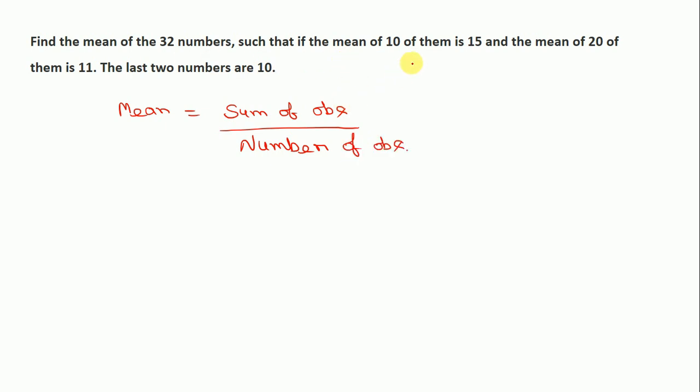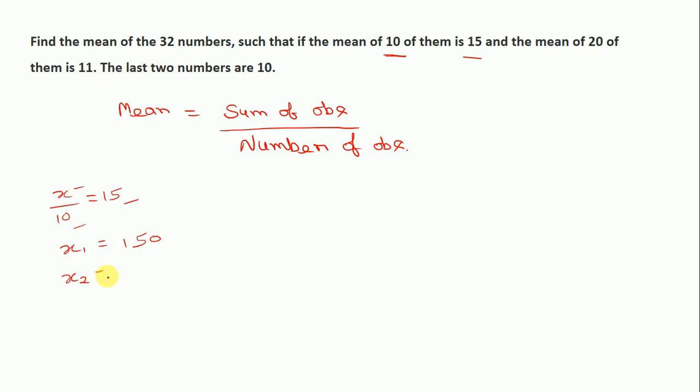Now we are given that the mean of 10 of them is 15. So what will be the sum of those 10 numbers? It will be x divided by 10 is equal to 15, where 10 is the number of observations, 15 is the mean, and x is the sum. So the sum, let it be x1, comes out as 150. Now the mean of 20 of them is 11.